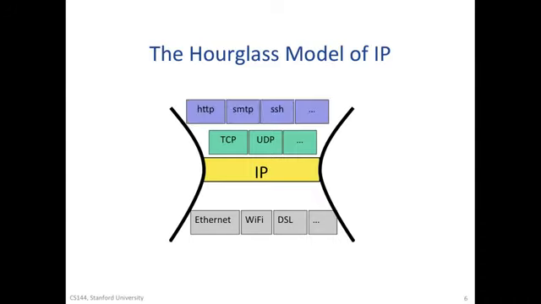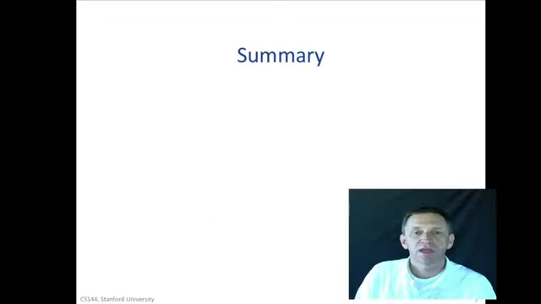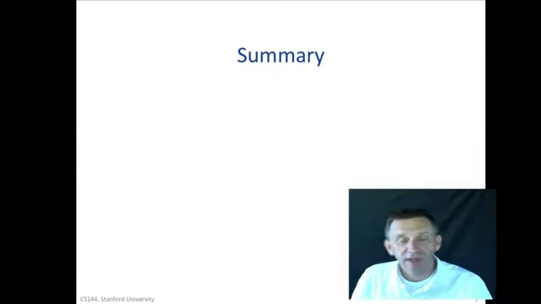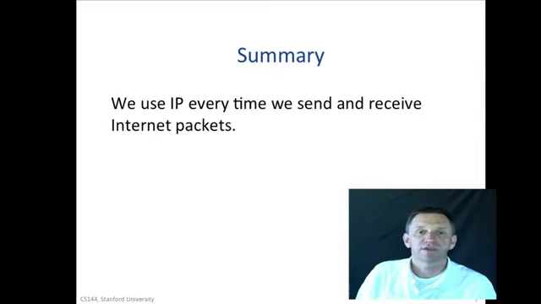And on top of that, we can run many, many applications. But it's the thin waist, the hourglass model of IP that really defines the core operation of the internet, over which everything must run.